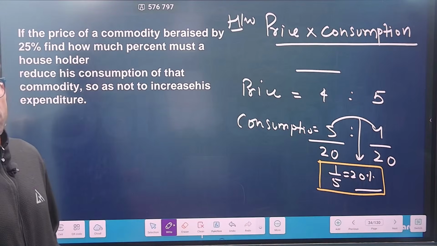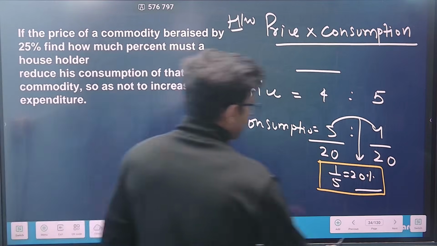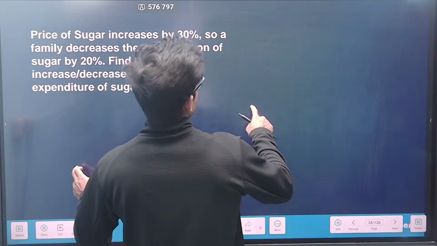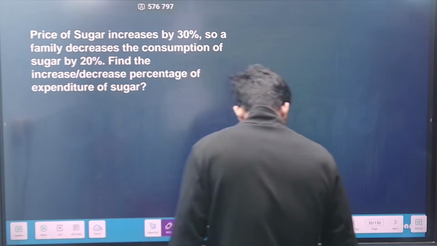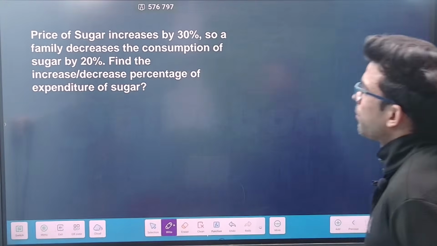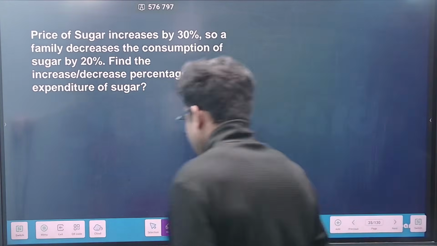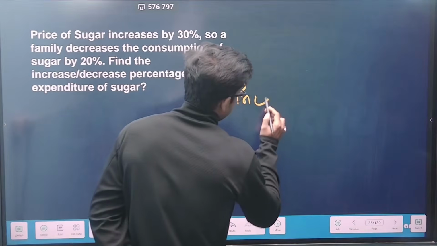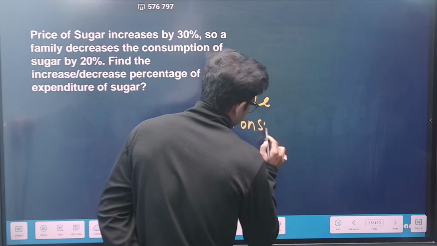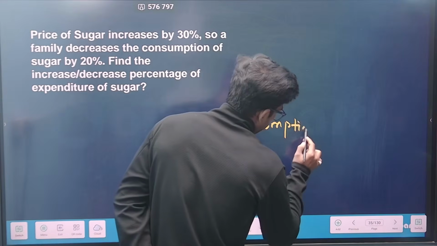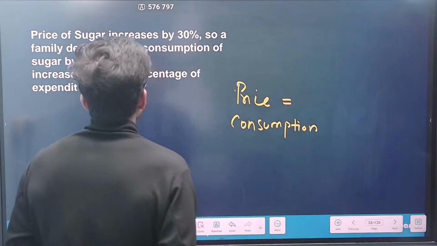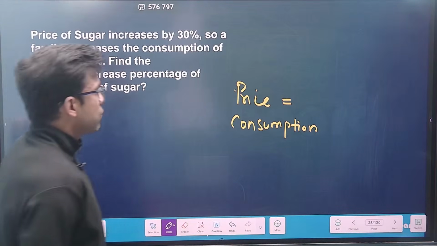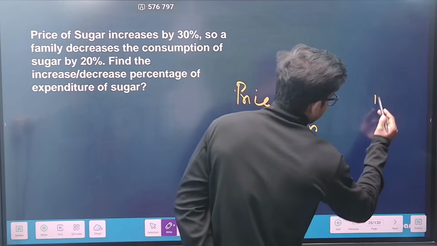Let's go for one more yesterday homework, which is this one. Try this. Price of sugar is increased by 30%. Again, you need to write down the relation of price and then consumption. So if price is increased by 30%, it means initially the 10 would become 13.